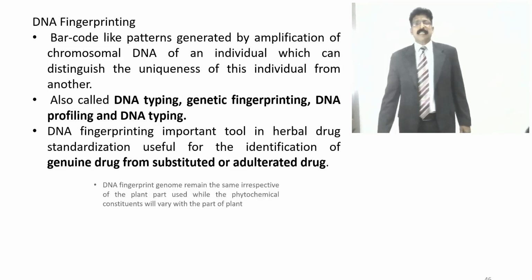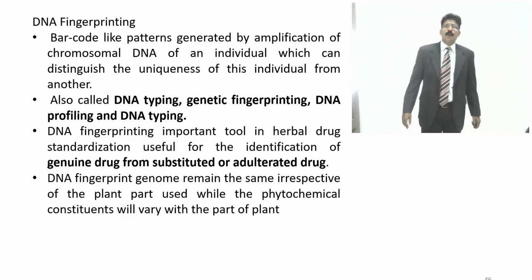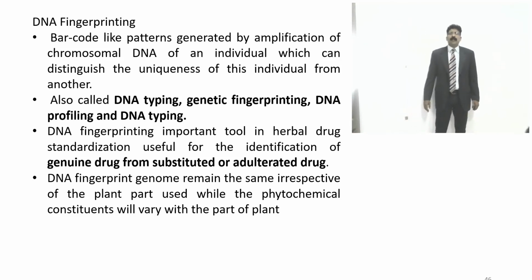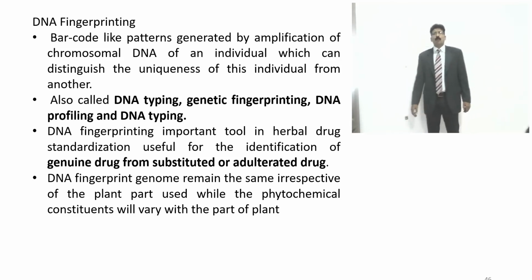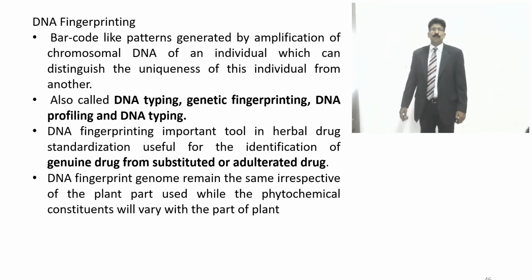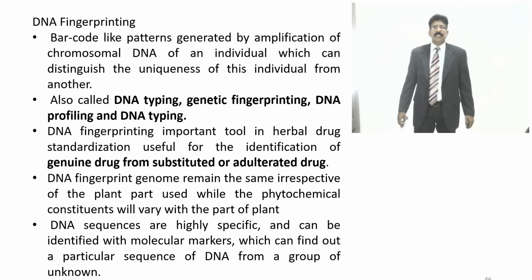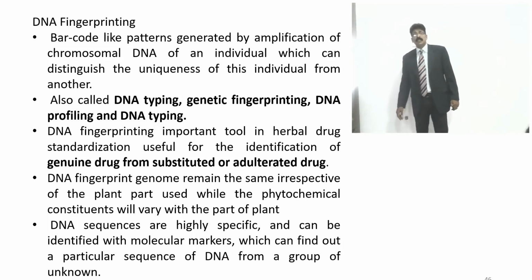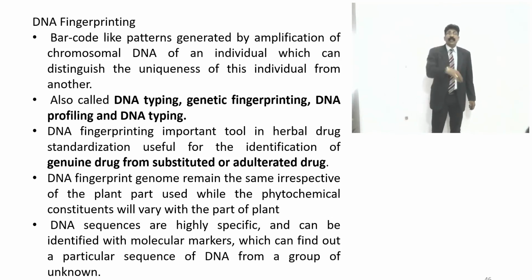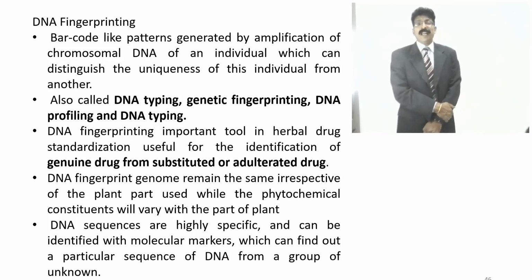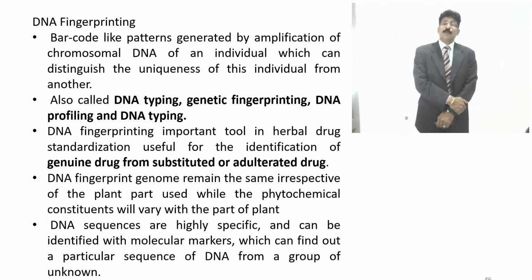The DNA genome remains the same irrespective of the plant part used, while the phytochemical constituents will vary with the part of the plant. DNA sequences are highly specific and can be identified with molecular markers, which can find a particular sequence of DNA from a group of unknowns.